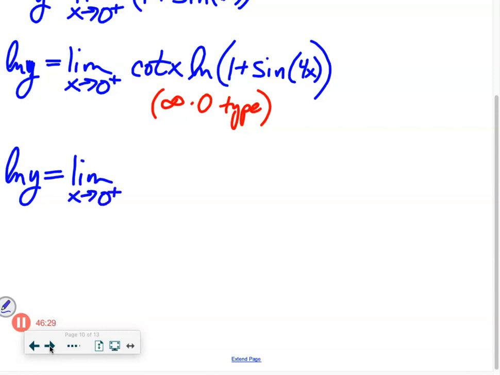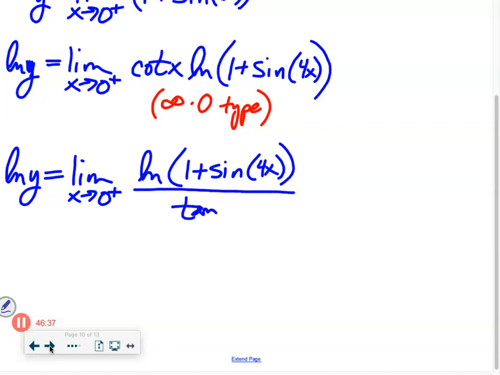Yeah. When you are multiplying by cotangent, it's the same as dividing by tangent. And it's a lot easier to do the derivative of tangent than the derivative of 1 over cotangent.